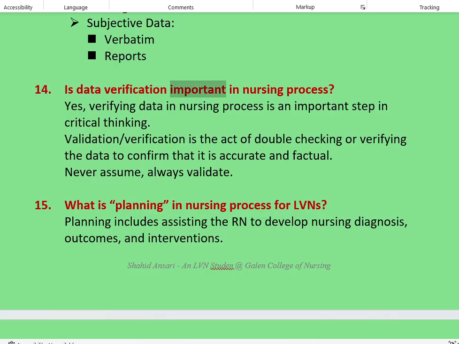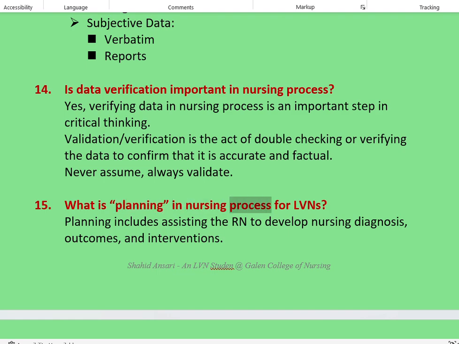14. Is data verification important in the nursing process? Yes. Verifying data in the nursing process is an important step in critical thinking. Validation or verification is the act of double-checking the data to confirm that it is accurate and factual. Never assume, always validate. 15.